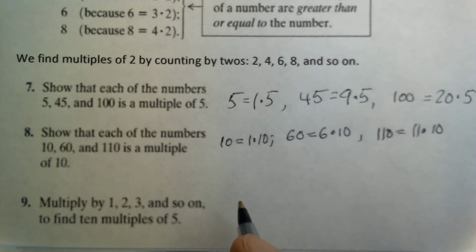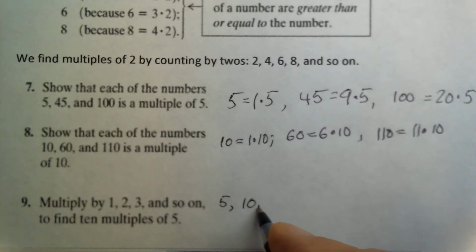Number 9 asks us to find 10 multiples of 5 by multiplying. So, multiplying 1 times 5 is 5. Multiplying 2 by 5 gives us 10. Multiplying 3 by 5 is equal to 15.